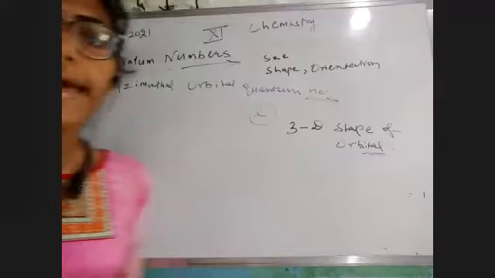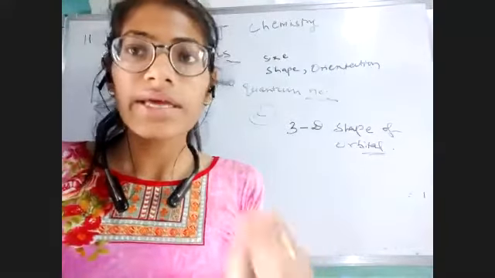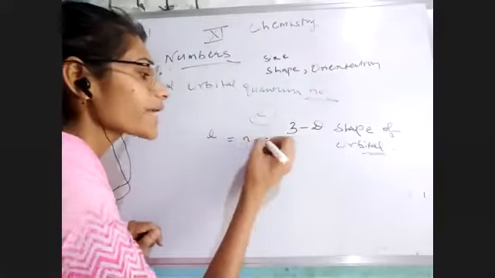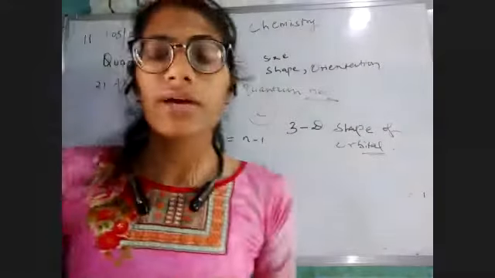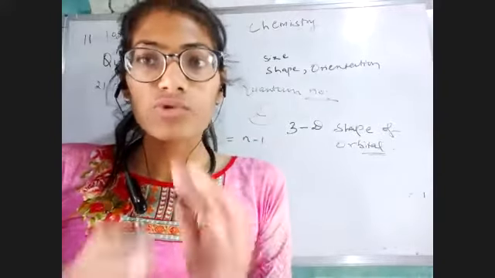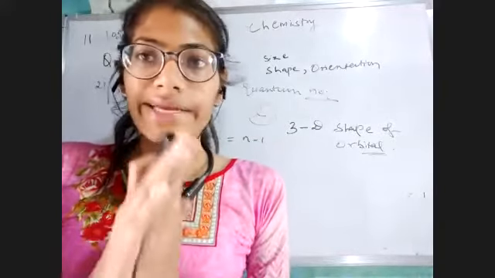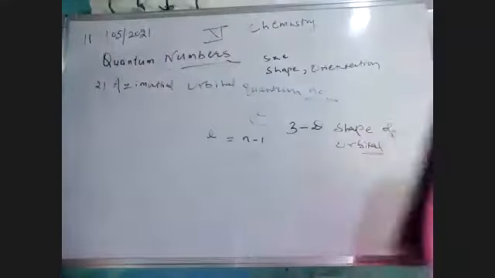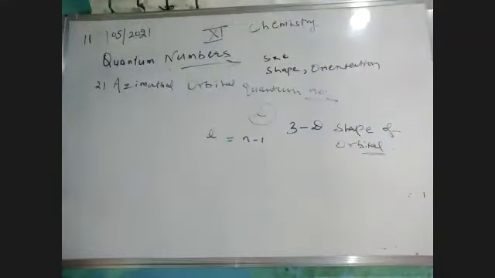And most importantly, l must range from 0 to n minus 1. So if n equals 1, then l must be 0. If n equals 2, then l must be 0 or 1, and so on. This is known as our subsidiary quantum number or azimuthal orbital quantum number.